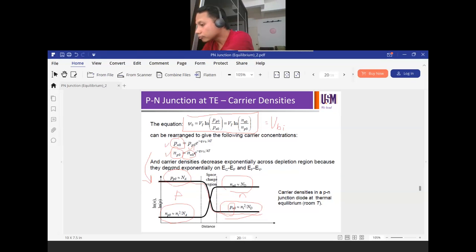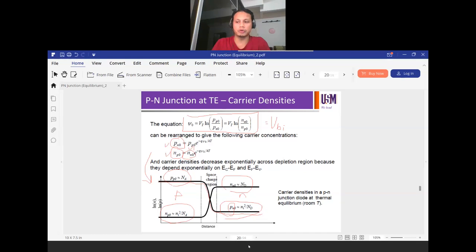Okay, so we want to know how much is the carrier concentration of hole on the right hand side. We already know how much hole there is in P-type because it is the majority carrier.